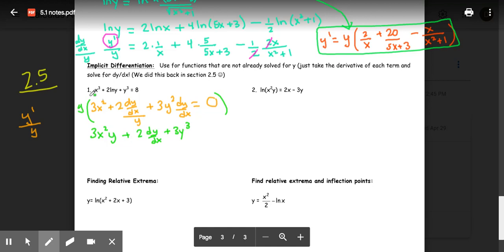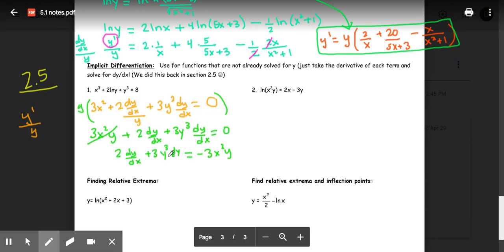Remember, I'm multiplying this y into each term, dy over dx, and then still equals 0. And the whole point is to solve for dy over dx. Anything that doesn't have a dy over dx, you move to the other side. So I move this 3x squared y to the other side by subtracting. And everything on the left has a dy over dx in it.